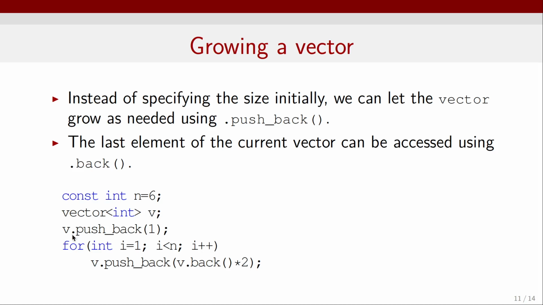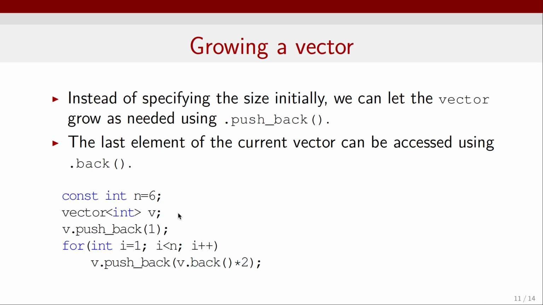Then when I say v.push_back(1), that will add the element 1 into the vector. So after I run this command, the vector will be simply the list 1. It will just have the number 1 in it and nothing else. So its size will be 1, and the first element and last element will be equal to 1.